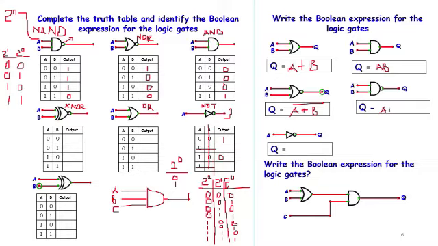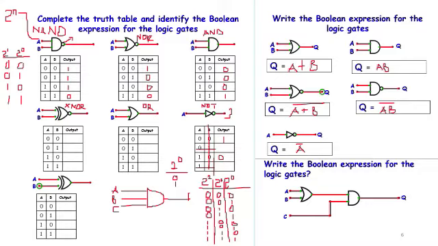So it becomes AB, the AND of A and B that is negated. That's a NAND. So this is just a NOT gate. So NOT of only input A will give you bar A.